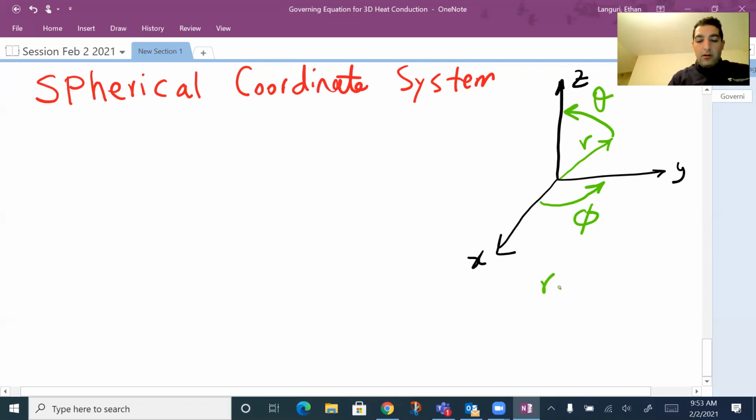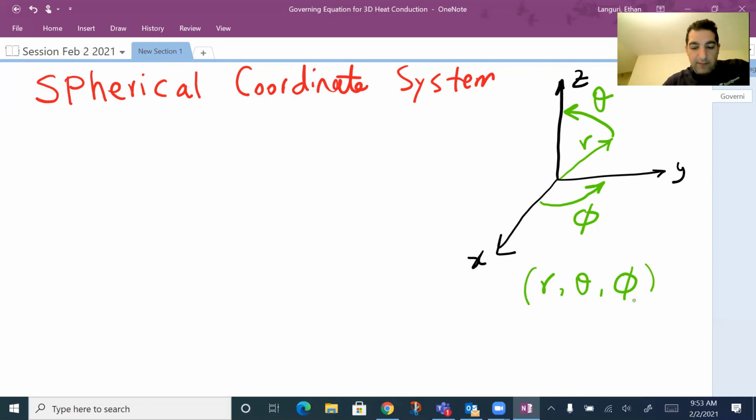So r, theta, and phi are your three variables in the spherical coordinate system. Remember, in cylindrical, we had r, height z, and phi. But here, in spherical, we have two angles and one dimension in terms of radius.